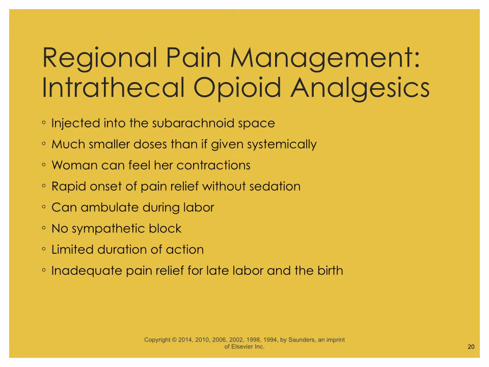And these patients typically can ambulate during labor if they are given what is called a walking spinal block. No sympathetic block, limited duration of action. So these spinal blocks typically last for a few hours, and then after that they start to lose their effectiveness.